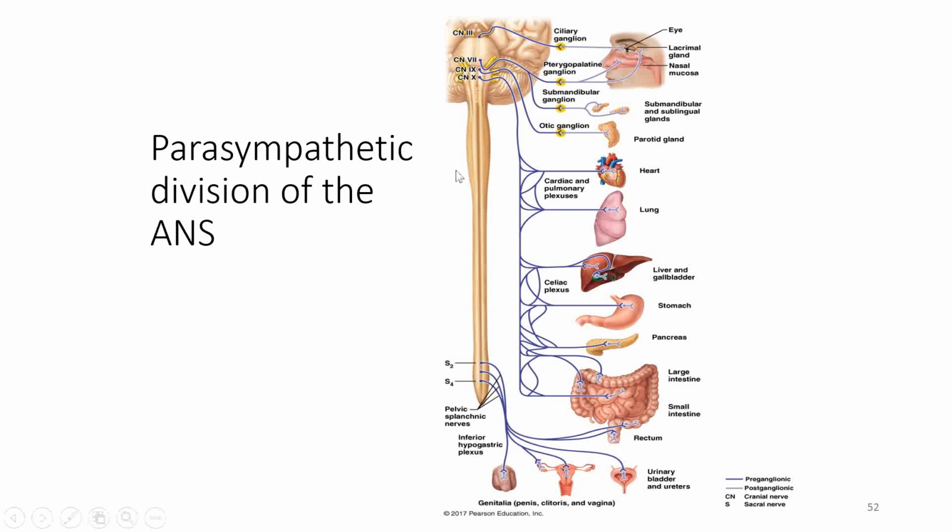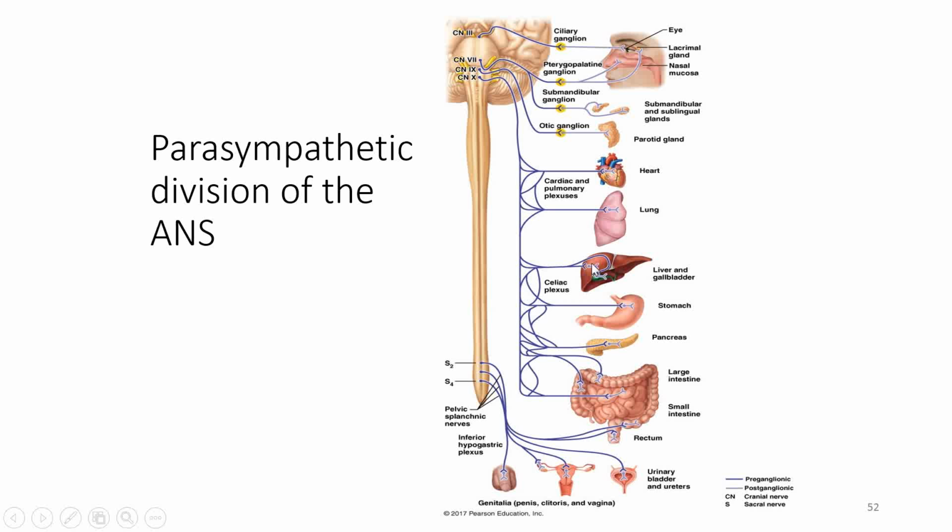So here's the parasympathetic division. Again, there's our cranial nerves that are involved here. Rest and digest, and this is the ganglia right here. This is where the ganglia would be, so those cell bodies are going to be amassed. So we have really long preganglionic axons, which is what they're talking about here, and then we have relatively short postganglionic axons on this side.